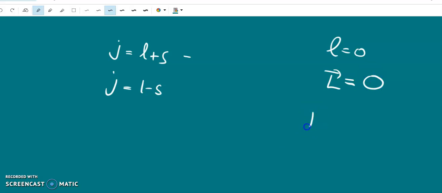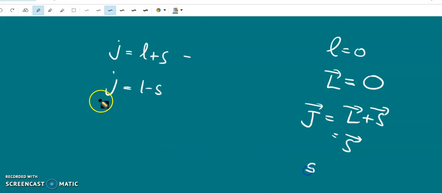So the total angular momentum J is S itself, and the corresponding quantum number is small s. So when l equals 0, j equals half only. For l equal to 0, j has only a single value: j equals 0 plus half, which is half.